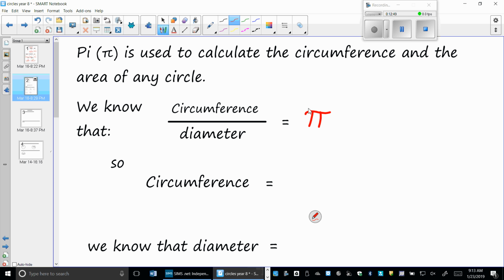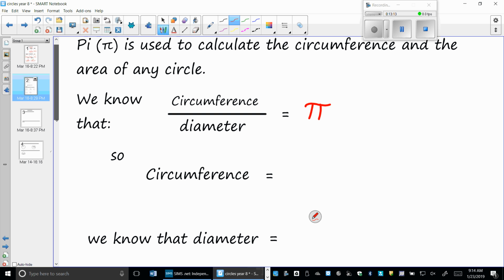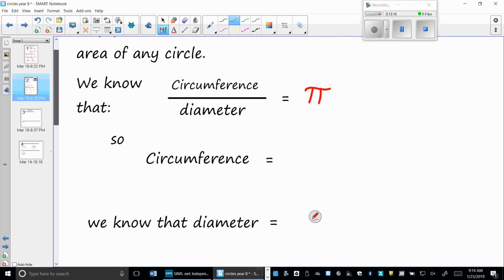Now, do you remember when we did some rearranging? If you've got something divided by something and you want to just have circumference, how do we get rid of this diameter? Do you remember this from year 7? If this something is being divided by the diameter, and we want to remove it, we have to do the opposite thing to it.